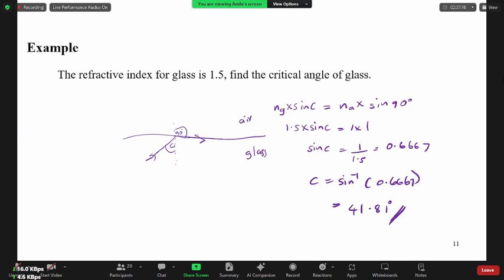So if the light is incident on glass at an angle of nearly 42 degrees, the refracted light will go along the surface. Yes, Chamila, your answer is correct. 41, that's right.